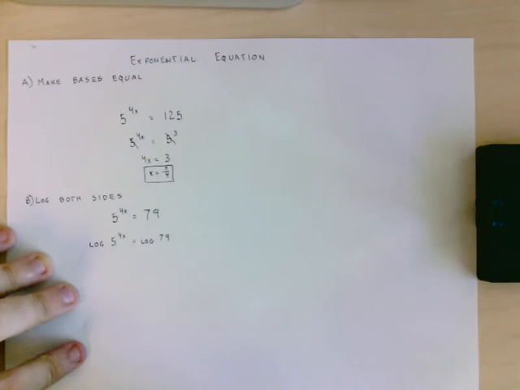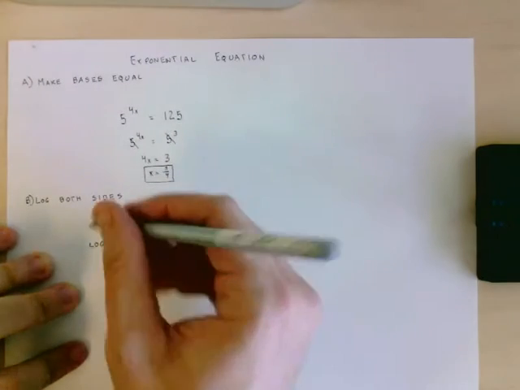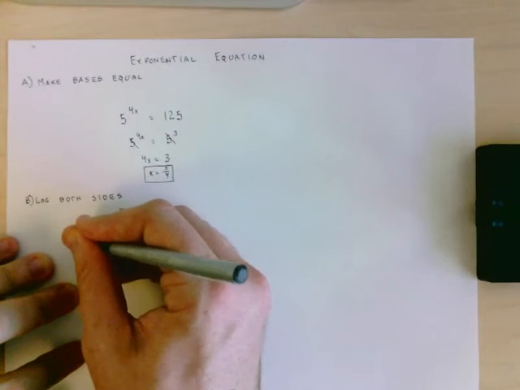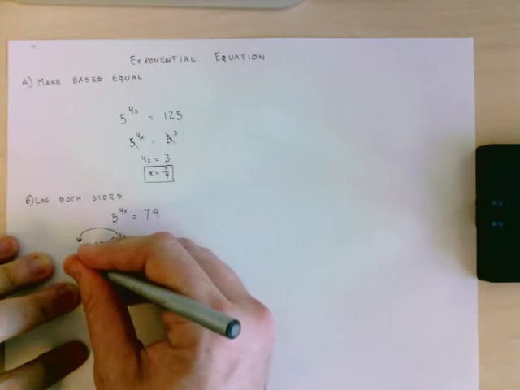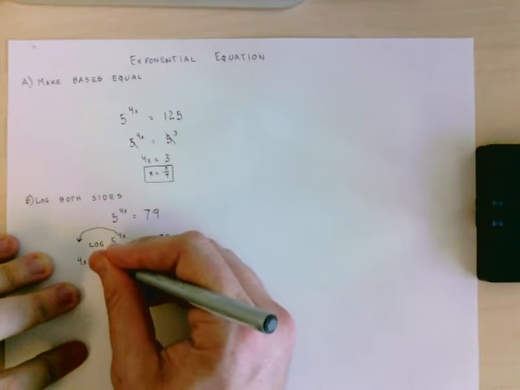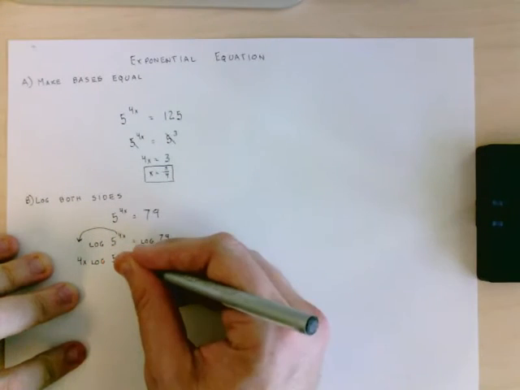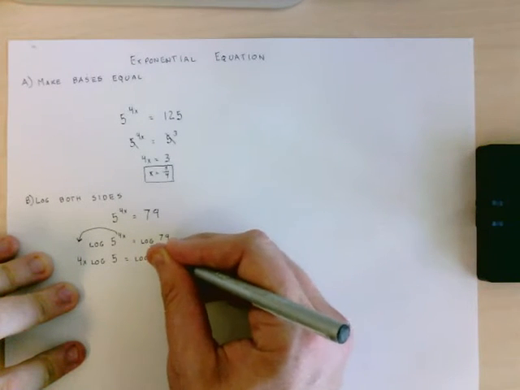So now logarithms have a special rule, the power rule. If I have a log and it has an exponent on it, I can actually move this to the front. So what I end up with is 4x log base 10 of 5 equals log base 10 of 79.